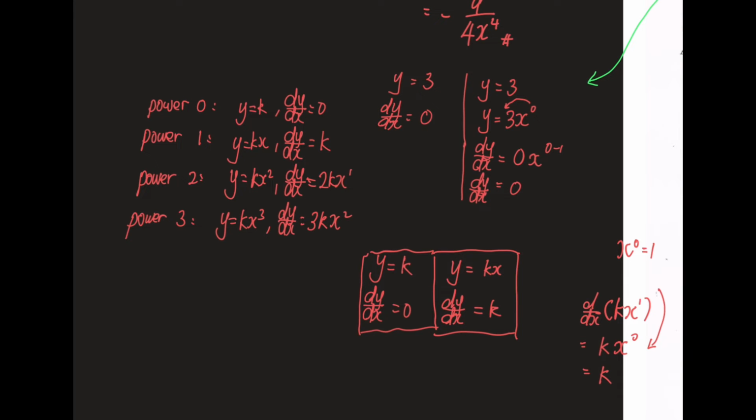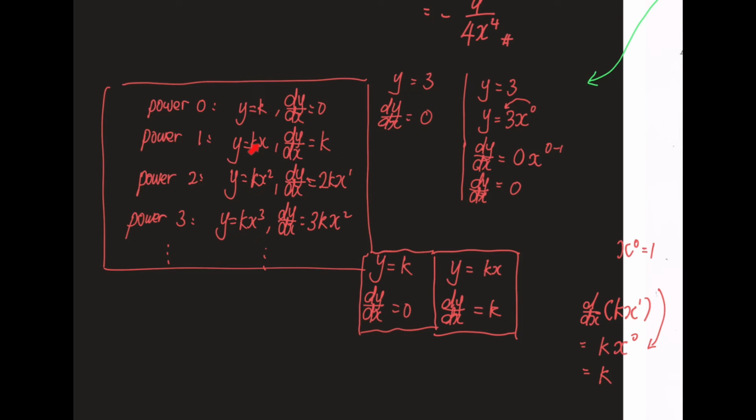Okay, so from here we understand that there are only 2 special cases, which is power 0 is a special case. A number differentiate becomes 0. No matter what number that is, like y equal to 1 over 2 divided by x, 0. y equal to negative 1 billion divided by x equal to 0. So as long as it is a number, it becomes 0. So as long as x is not there, it will become 0.